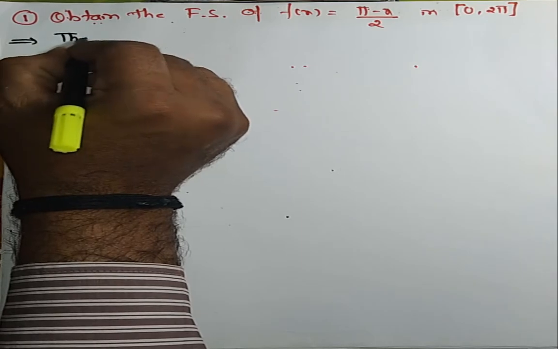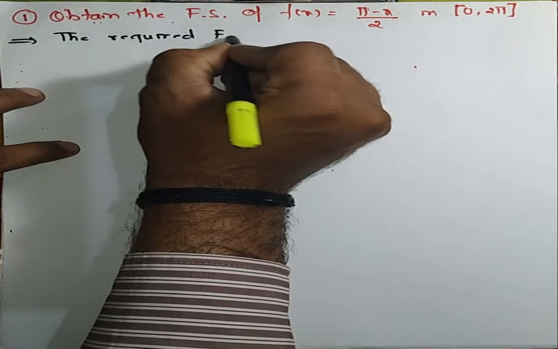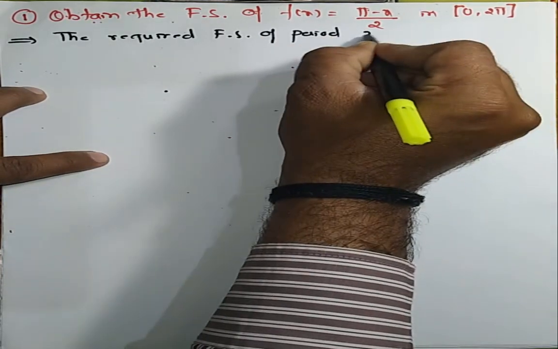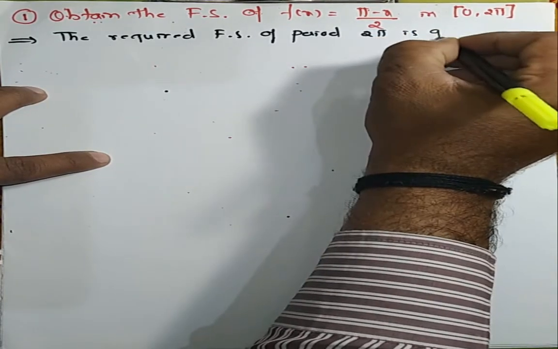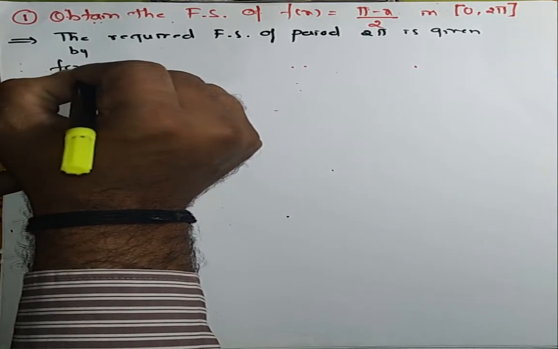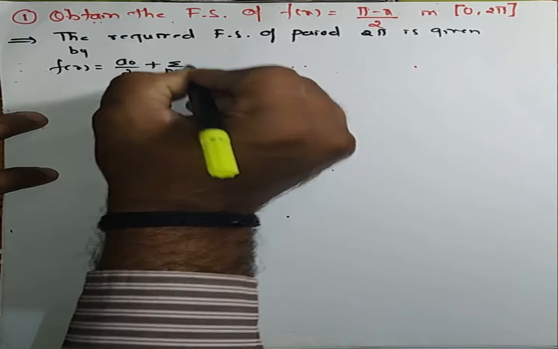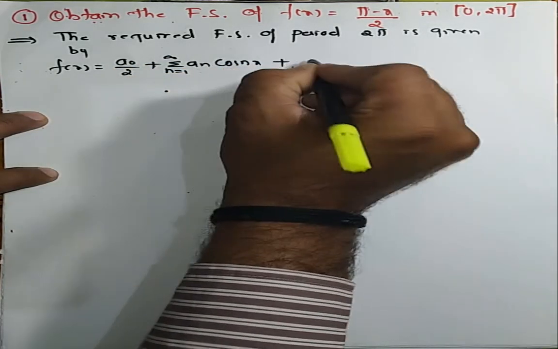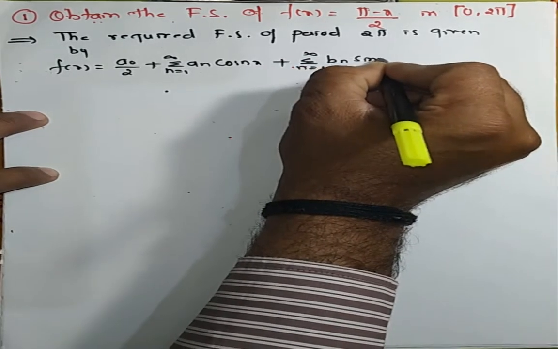You have to start like this: the required Fourier series of period 2 pi is given by f of x equal to a naught by 2 plus summation n from 1 to infinity an cos nx plus summation n from 1 to infinity bn sin nx.